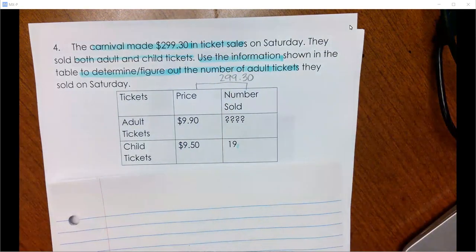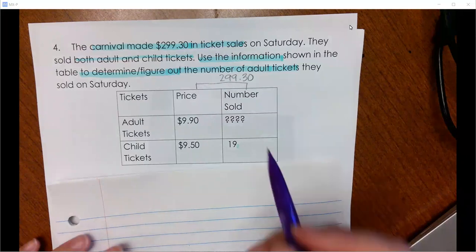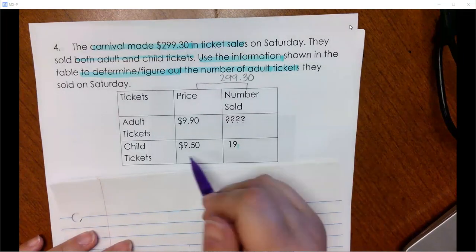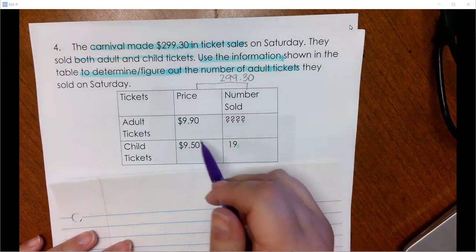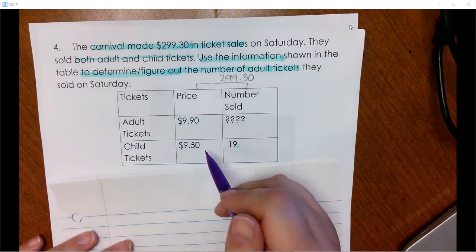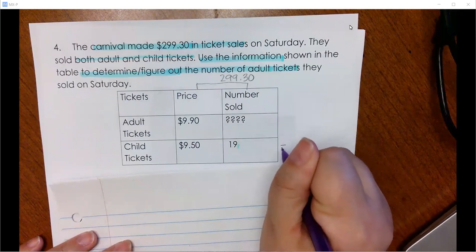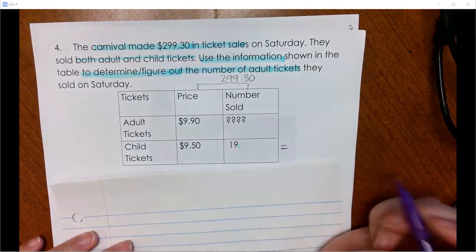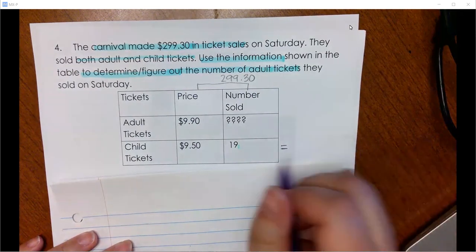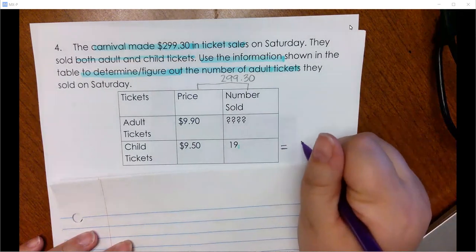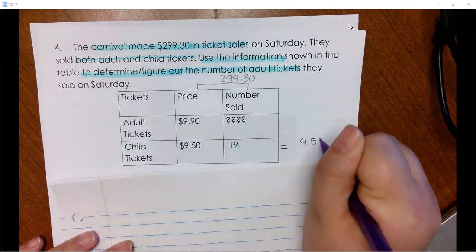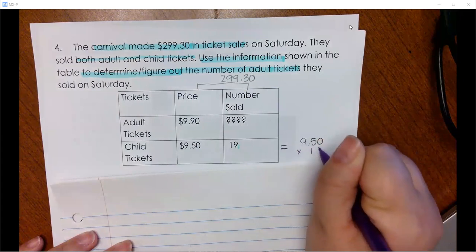Of that, 19 of them were child tickets at $9.50 each. So I need to figure out how much money they made in child sales first. I'm going to take $9.50 and multiply that by 19.